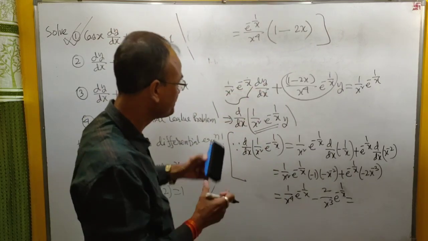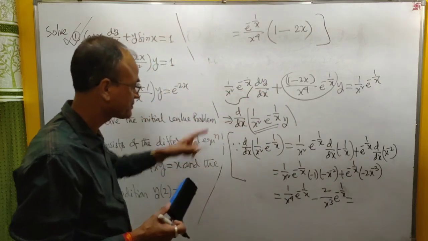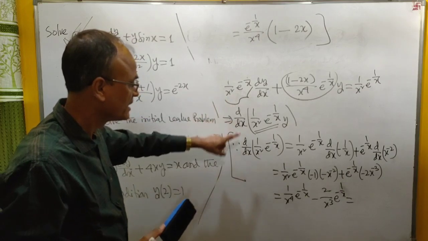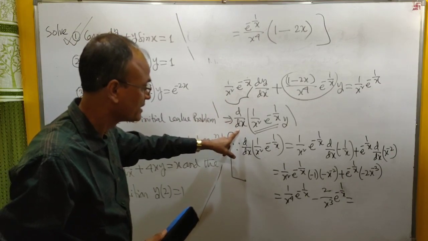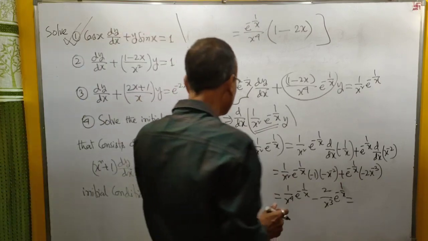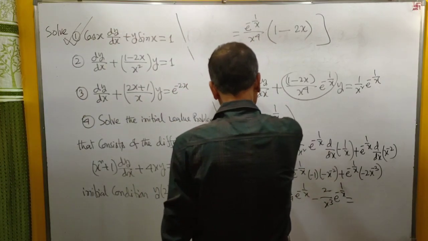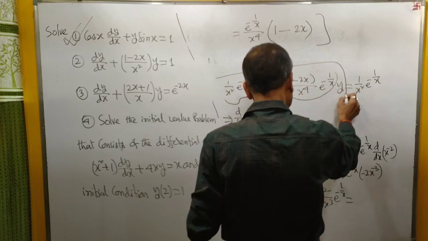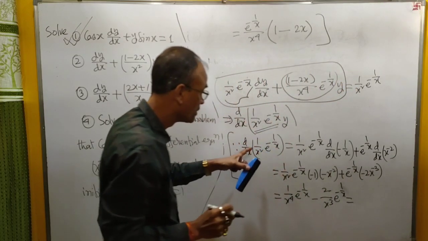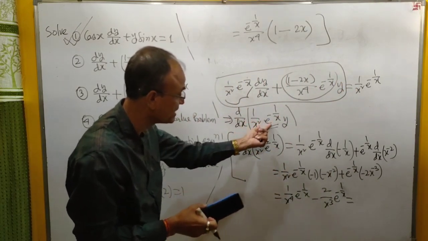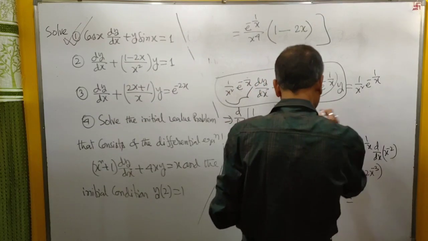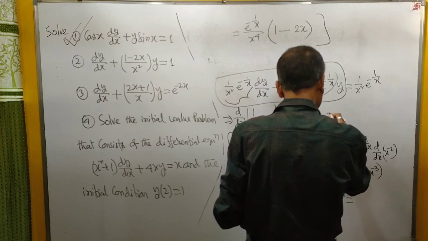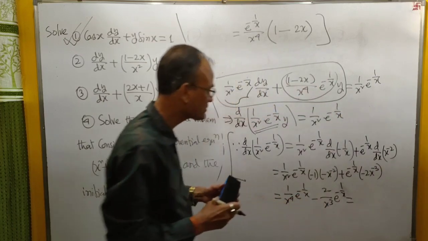You will get this one. Now d dx of this equal to d dx of this. From this you may write d dx of this, because d dx of this equal to this, which is equal to here 1 by x square e to the power minus 1 by x.